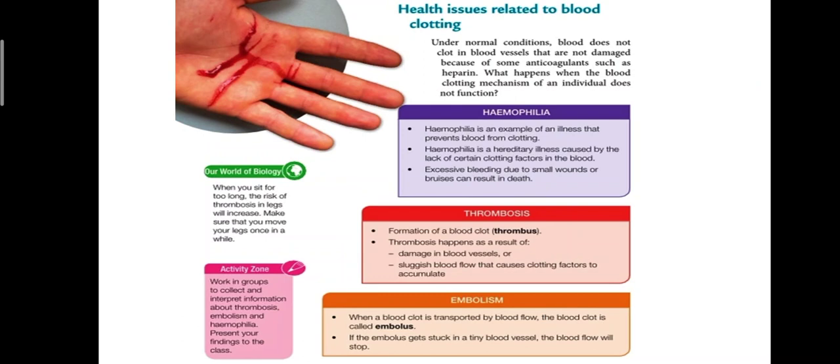Tersekat dia punya laluan. Okay, blood clot transported by blood flow. Itu blood clot kita panggil embolus. Kalau stuck di tiny blood vessel lah, itu yang bahaya lah. Bila blood flow gitu stop, dia restricted di situ. Okay, so ini adalah beberapa health issues related to blood clotting.